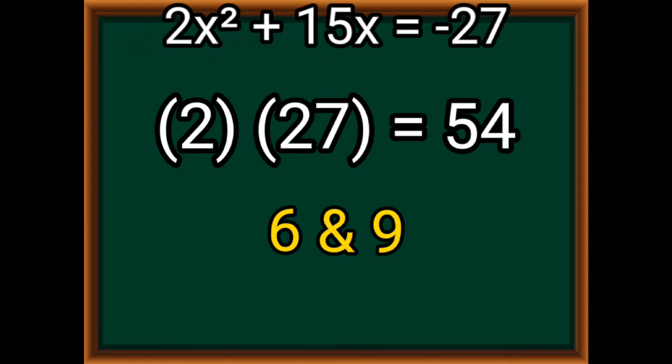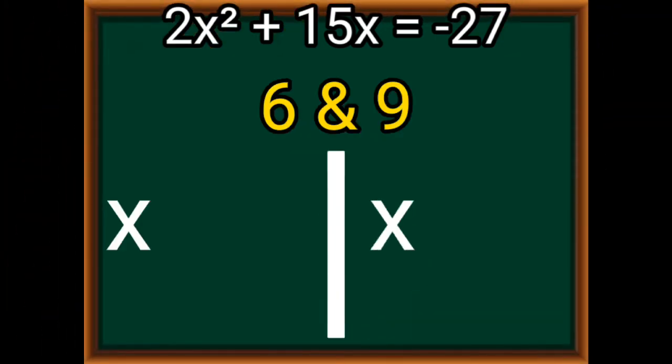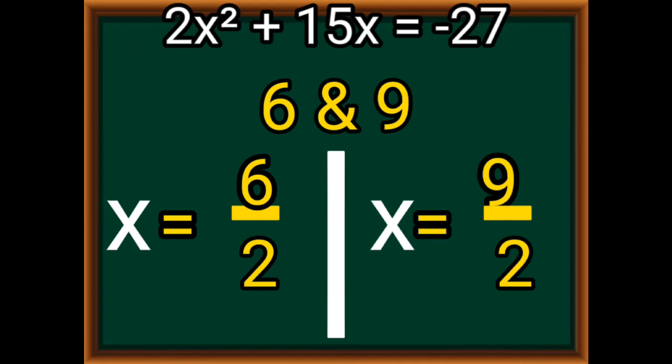Next, since we have the numerical coefficient of x squared, which is 2, let's divide the factors we got of 54 by that. So, let's put x on both sides first. Let us have x in both factors, and then the 6 and 9 we got, we divide by 2. Again, 2 comes from the numerical coefficient of x squared.